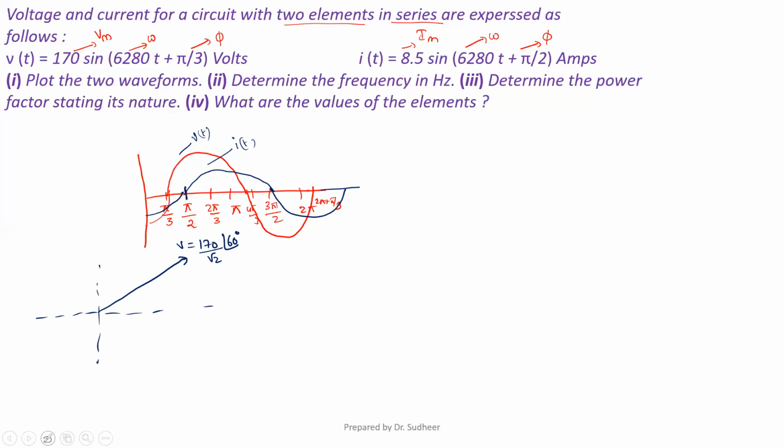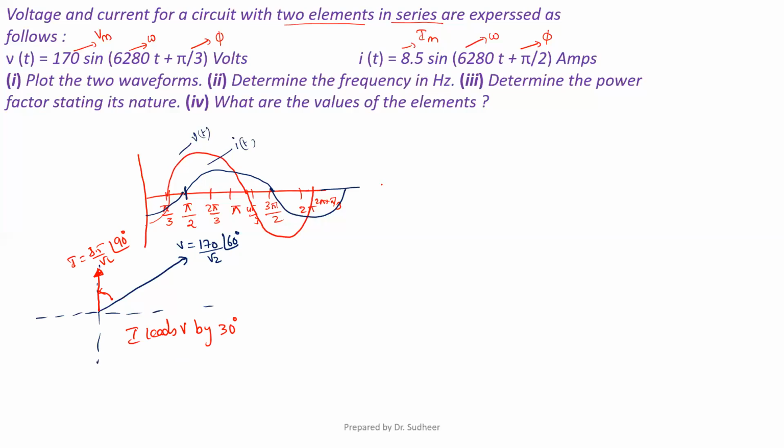The current phasor will be drawn along the 90 degrees line. So I is equal to 8.5 by root 2 at an angle of 90 degrees. So we can say I leads V by 30 degrees.